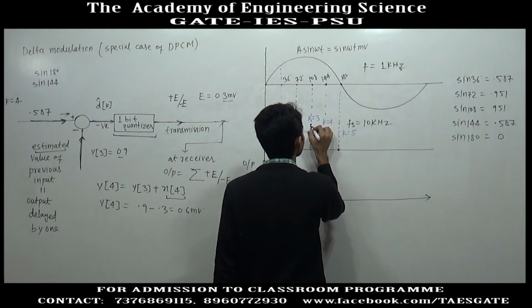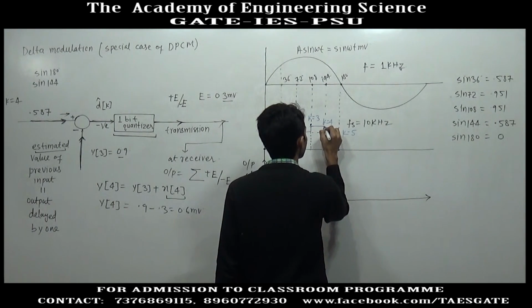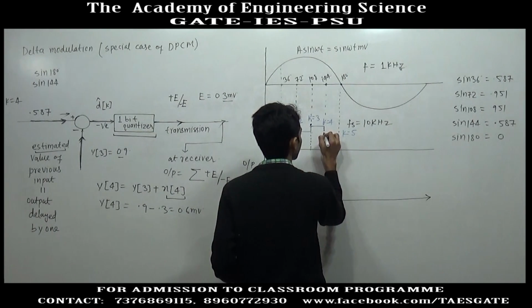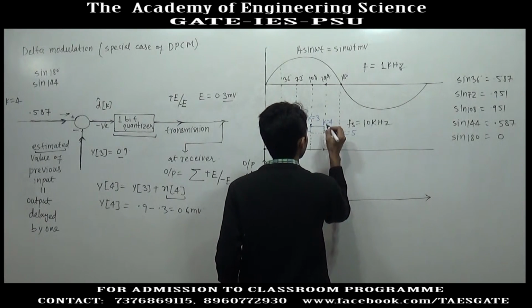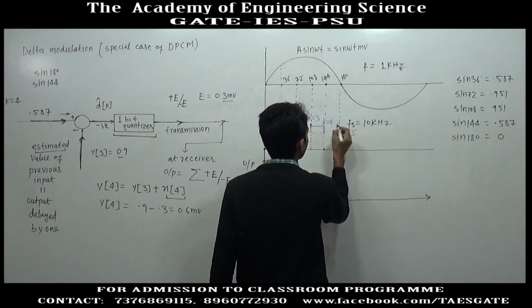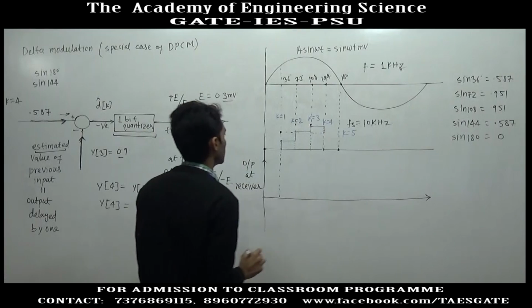So, now the output will be, this is the 0.587 level and this is 0.6. If we subtract 0.3 from 0.9, we will get 0.6 millivolt.